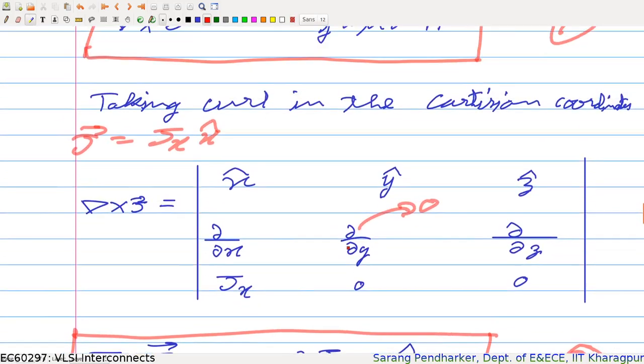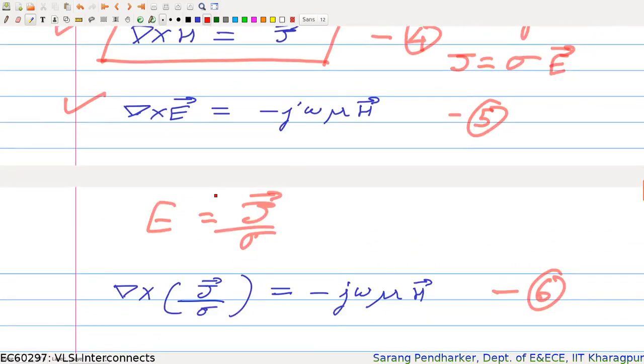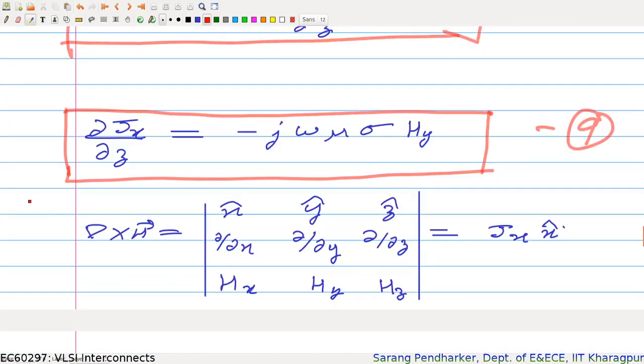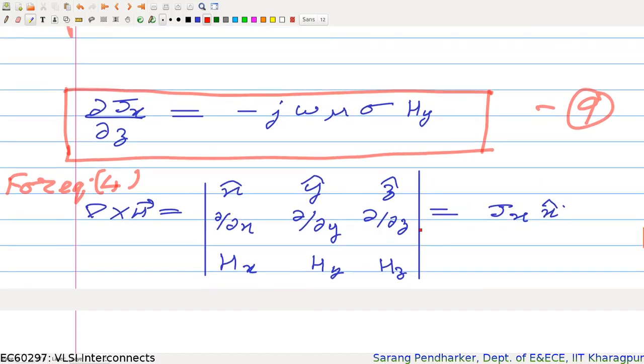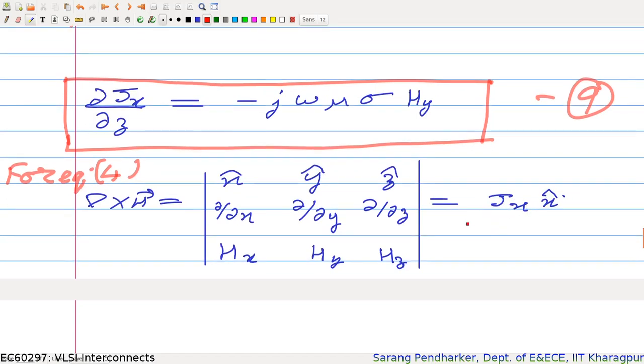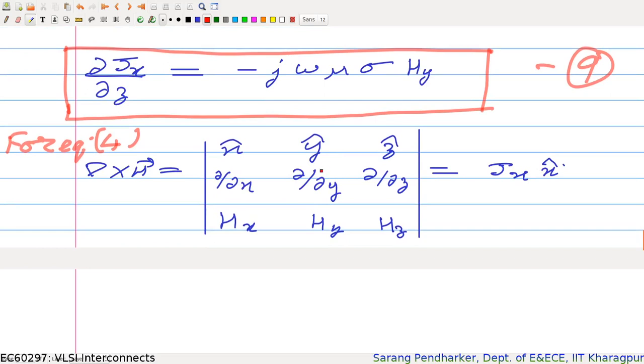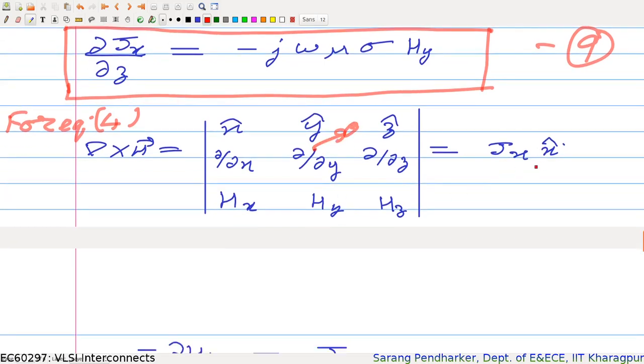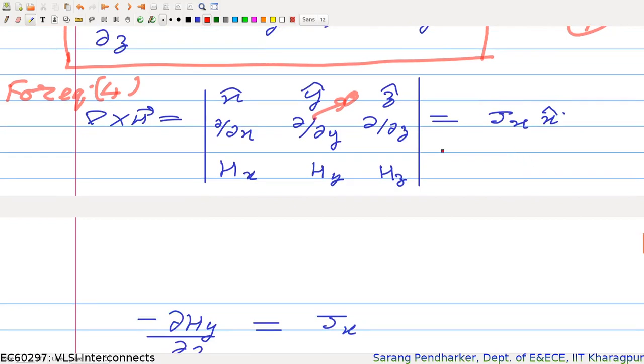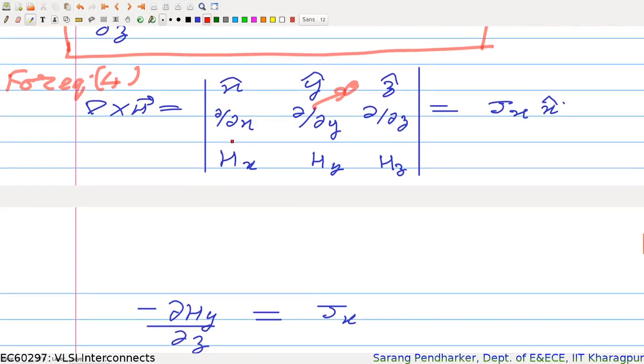Now let us come to equation number 4. For equation 4, let us take the curl of H, and that curl of H is equal to Jx x hat. Again this goes to 0, and since there is only the x hat here, I have to just compare the coefficient of the x hat.